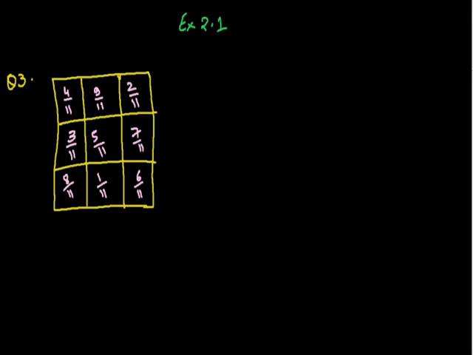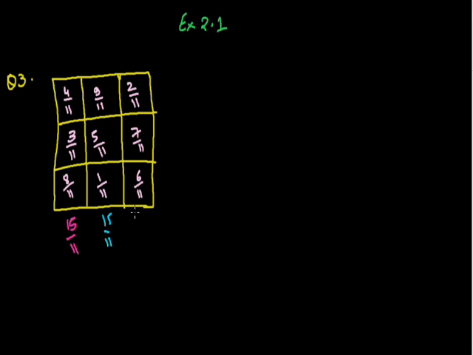If it is a magic square, then the sum of all the rows, all the columns and the diagonals will be the same. Now if we add the first column, then 4 plus 3 plus 8 will give you 15 by 11. If you add the second column, we will get 15 by 11.